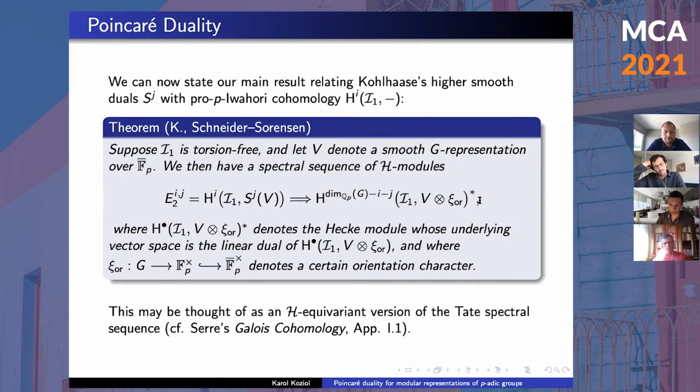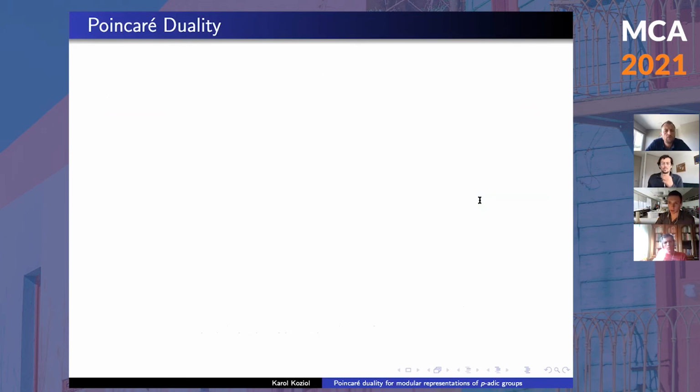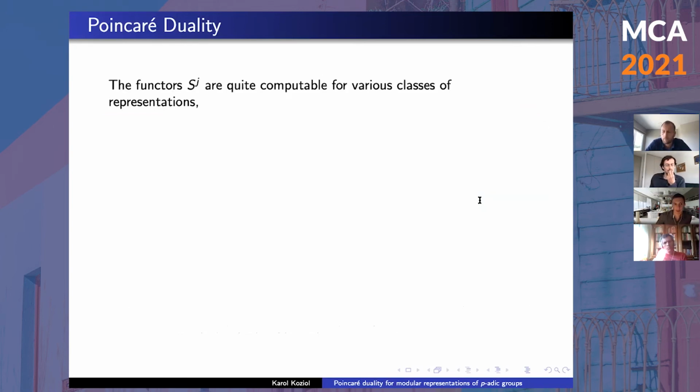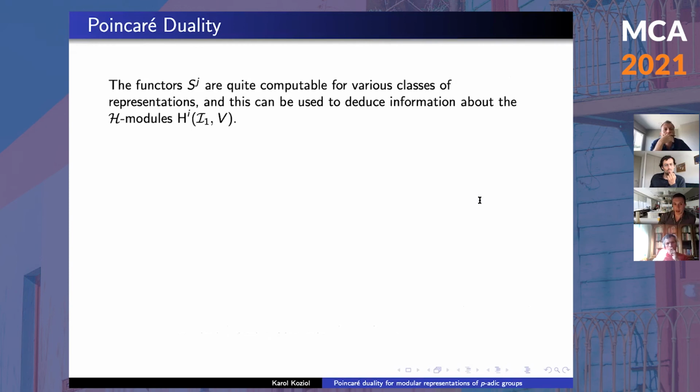Right. So what sorts of results can we deduce out of this? One thing that one can notice is that these higher duality functors, S^j, are quite computable for various classes of representations. And this can be used to deduce information about these Hecke modules.